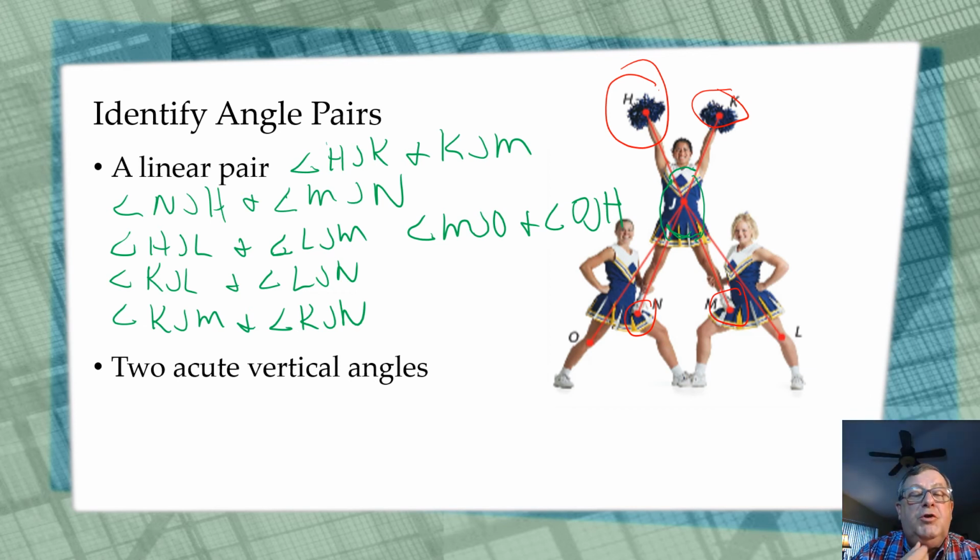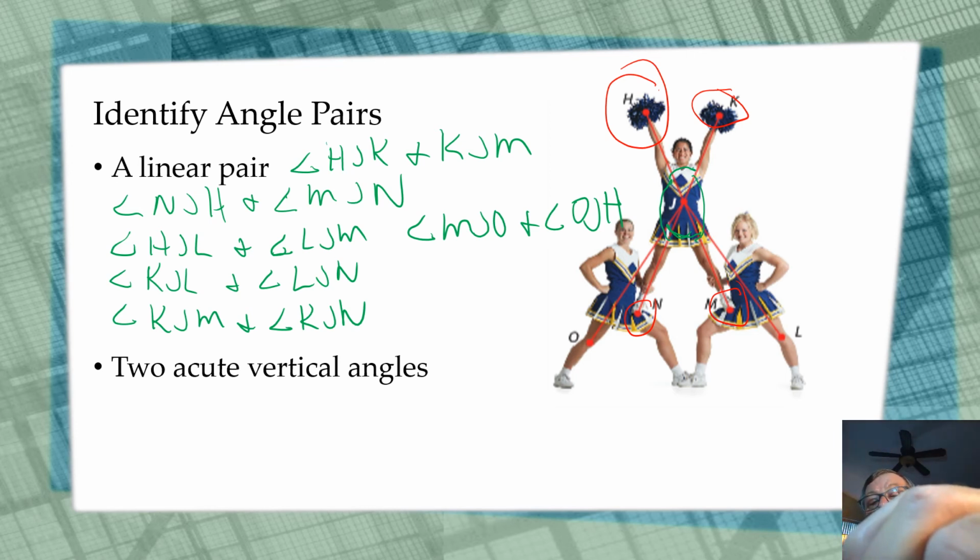Now, two acute, less than 90 degrees, vertical angles. A vertical angle is formed by non-adjacent angles, but they are formed by two intersecting lines. Well, if I've got a line here of HM and KN in this diagram, then where those intersect are going to form vertical angles. And I'm looking for an acute angle. Well, this angle here, let's see what color I could put this in. It'll show up. I'm going to put it in black.